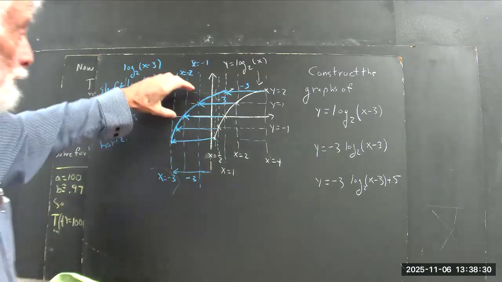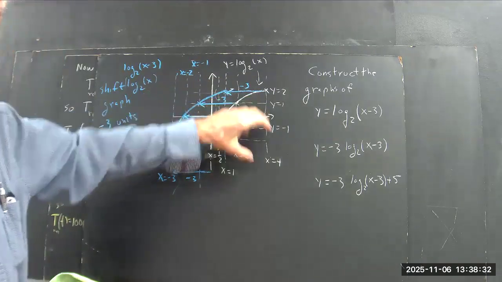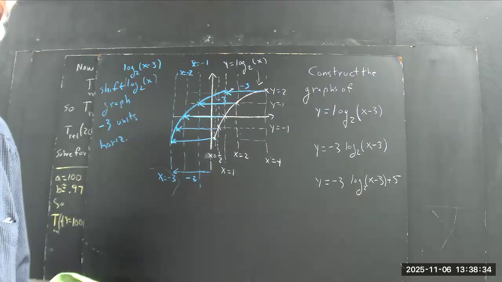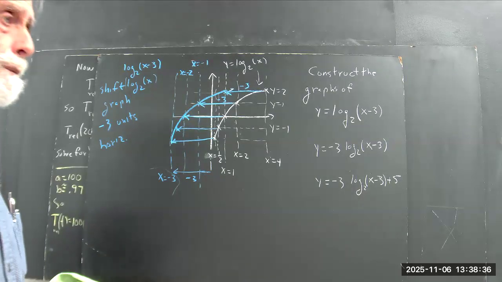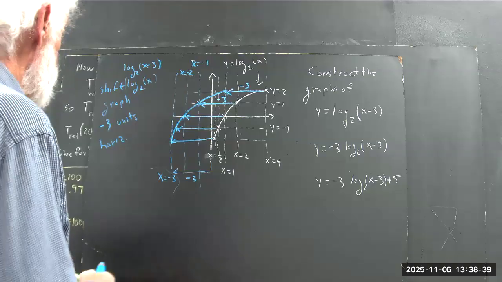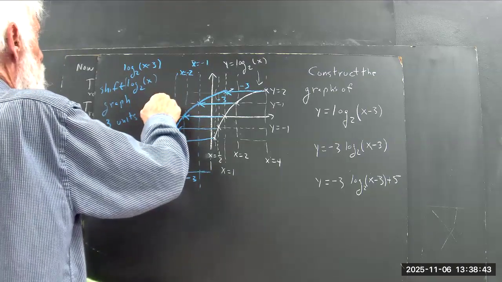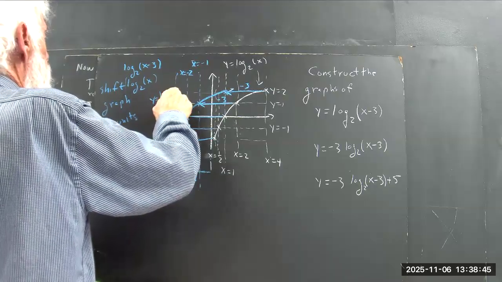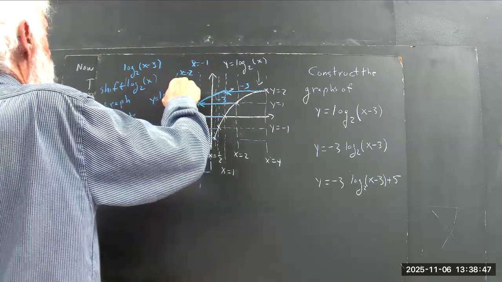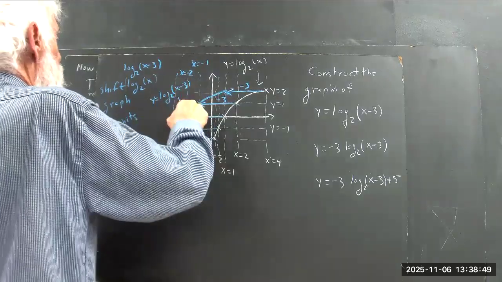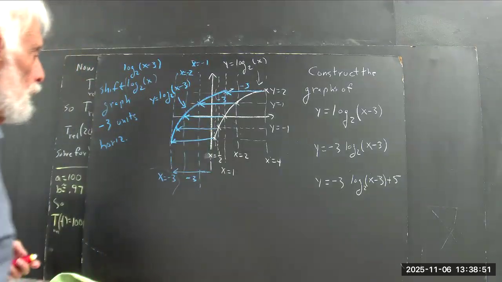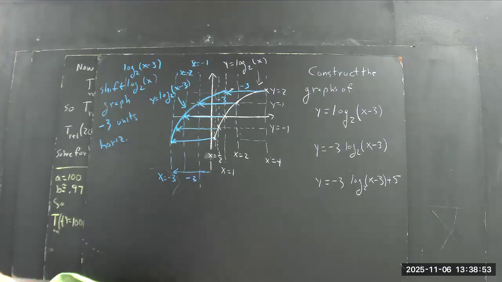And there we've got a graph. It has exactly the same shape as this graph if we've constructed it accurately. And that's going to be y equals log base 2 of x minus 3.